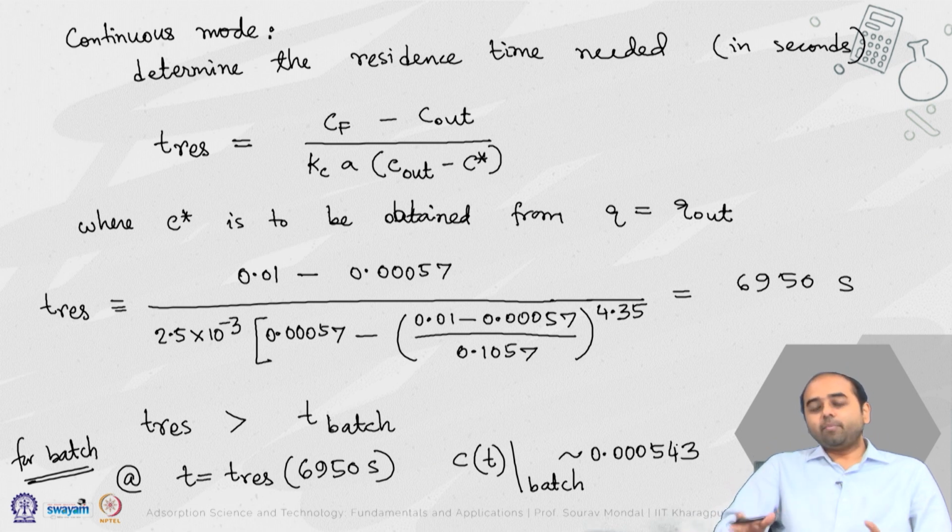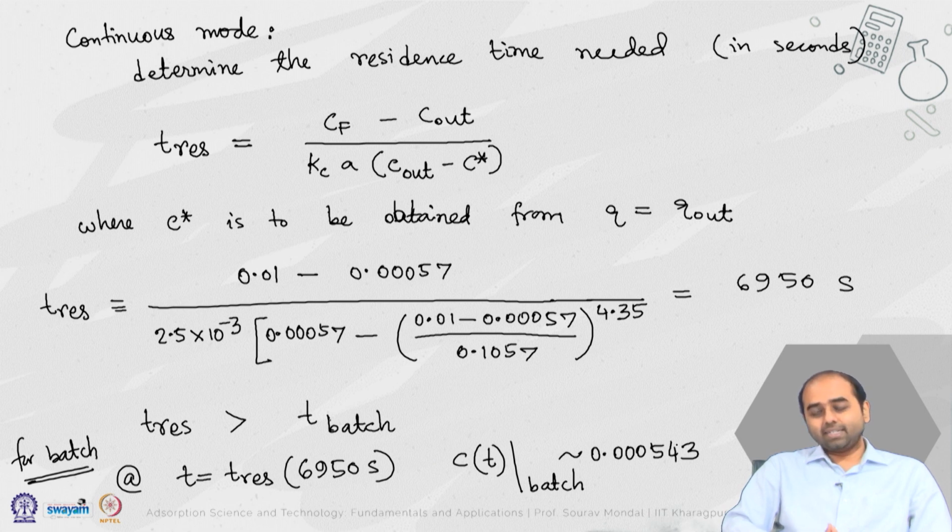So if we compare at the same time, where the batch time is equal to the residence time of a continuous system, the concentration in the batch would reduce further than the desired target value.